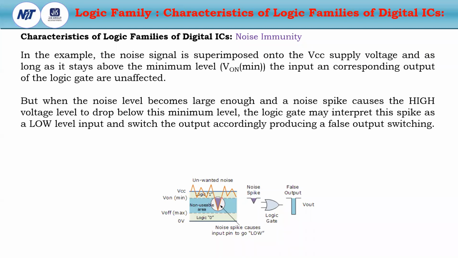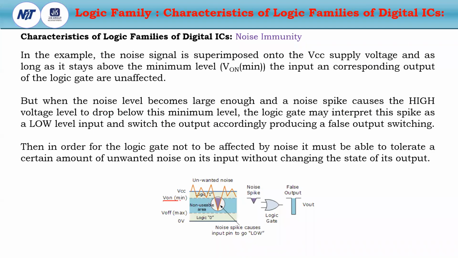And this noise spike forces the input pin to go low. So if the noise level becomes large enough and the noise spike causes the high voltage level to drop below the minimum voltage level, then the logic gate may interpret this spike as a low level input.